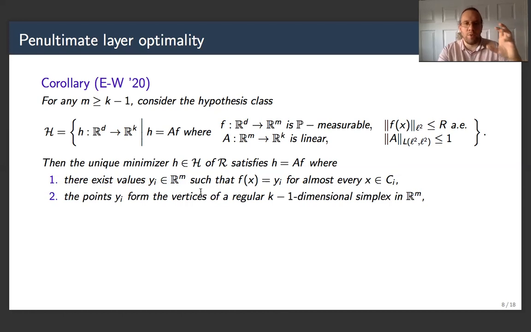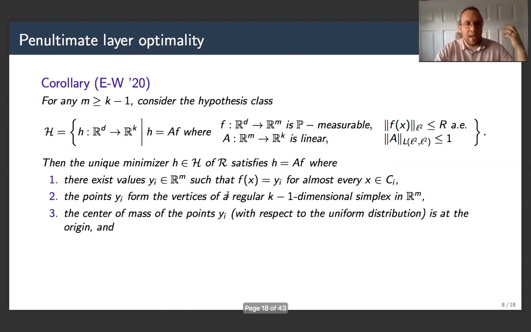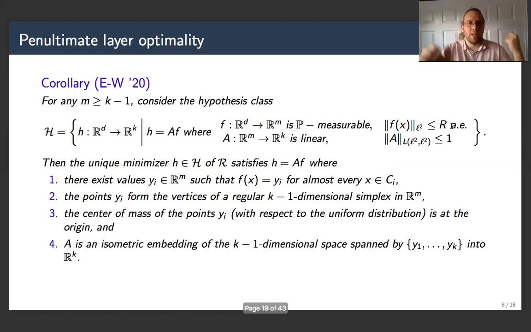These points form the vertices of a regular simplex in a generally much higher dimensional space. And the center of mass of these points is at the origin. We lose some translational freedom because we assume there's a norm bound. And finally, A is an isometric embedding of the space which is spanned by y_1 through y_k into R^k.